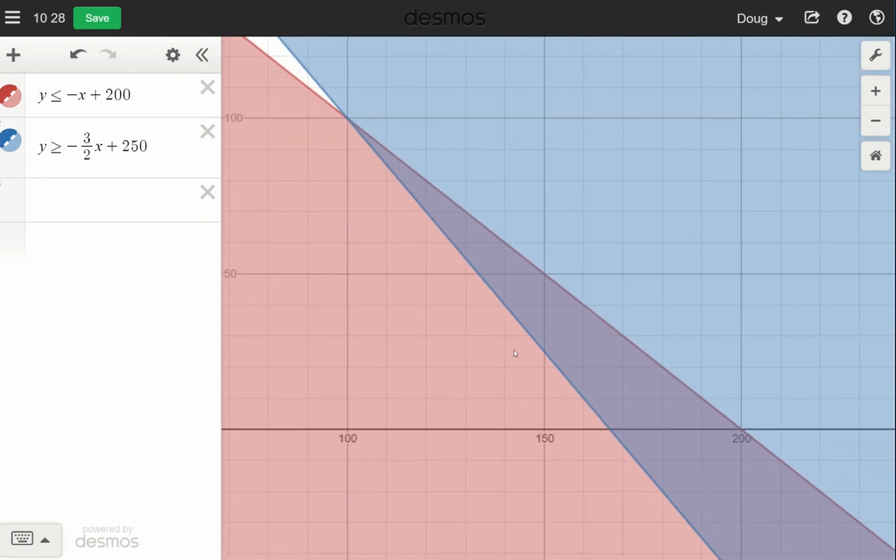If I wanted to, that's an interesting question. If I wanted to maximize my profit, I'm just kind of interested because none of these are actually the profit curve, are they? They're just telling me how many trucks and how many cars, and I guess I'd have to plug them in to figure out how much money I would make.